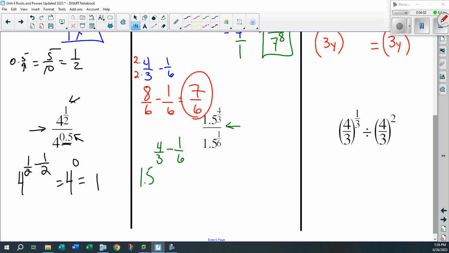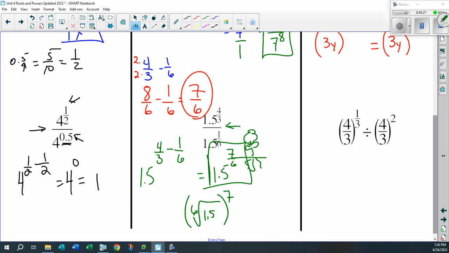So now we can write this as 1.5 to the 7 over 6. It doesn't say anything about putting it in radical form, but if you wanted to, that would be no problem. Remember, flower power. There's the flower, there's the root. Flower power says 6th root of 1.5 to the power of 7. Nice, hey? Those fractions, don't let them scare you.